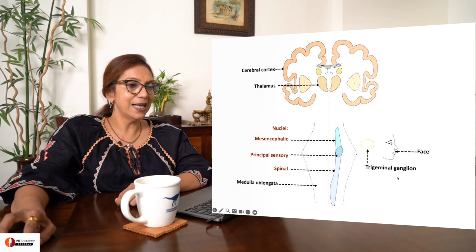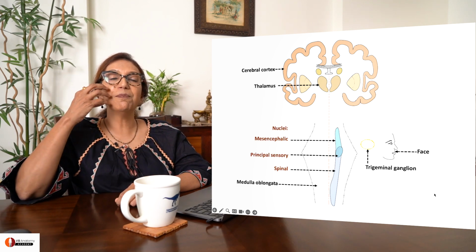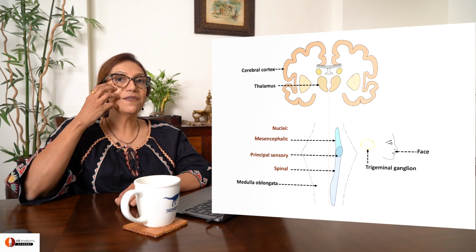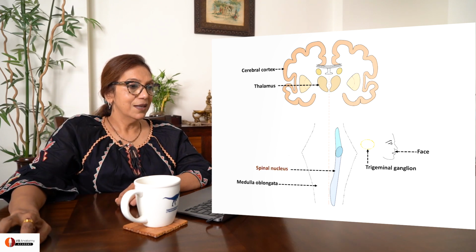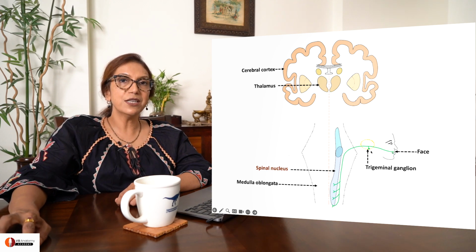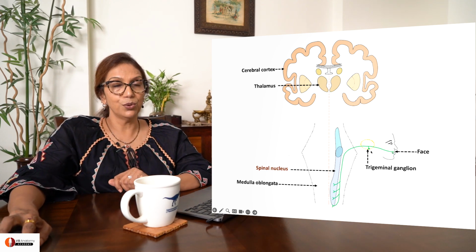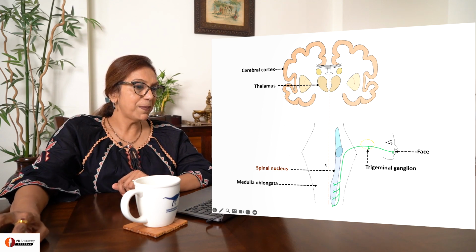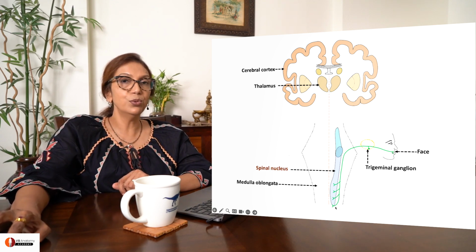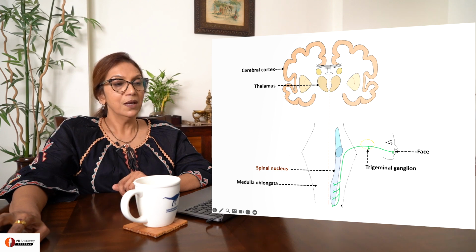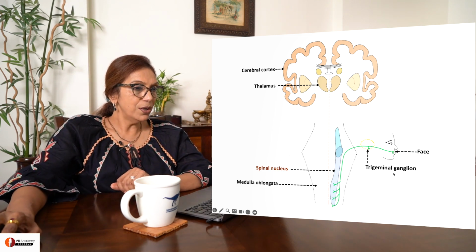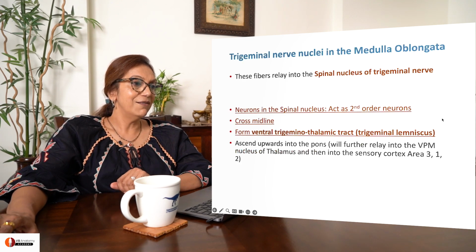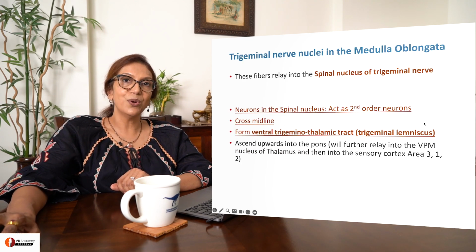Now imagine that this person feels a sensation of pain in her or his face. What happens? This pain sensation is carried through the trigeminal ganglion, which is your first order neuron, into your spinal nucleus of trigeminal nerve through this descending fiber. Once it is relayed into the spinal nucleus, the neurons of the spinal nucleus will act as second order neurons.